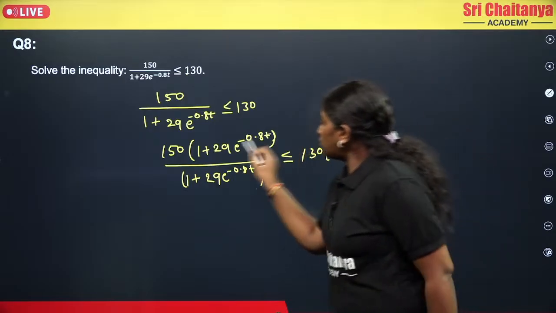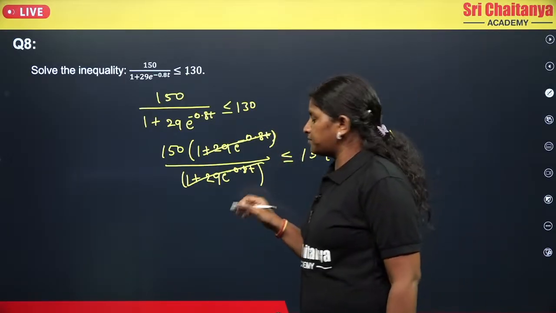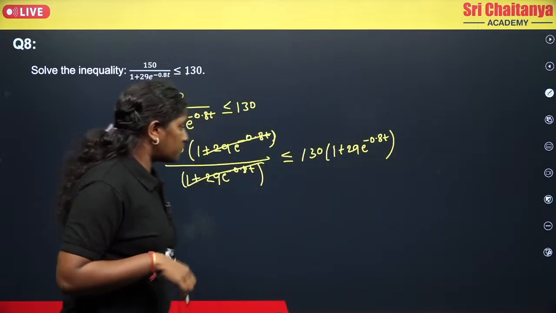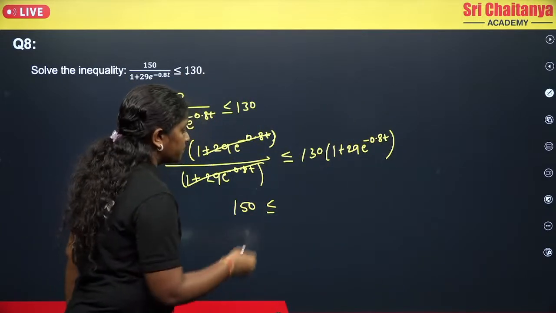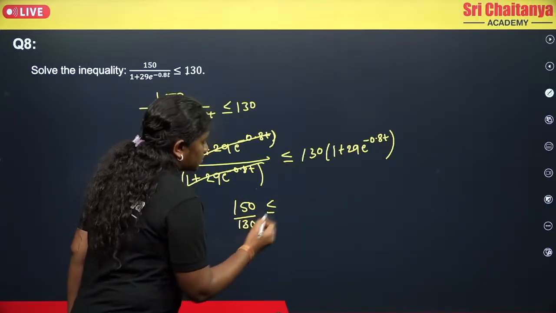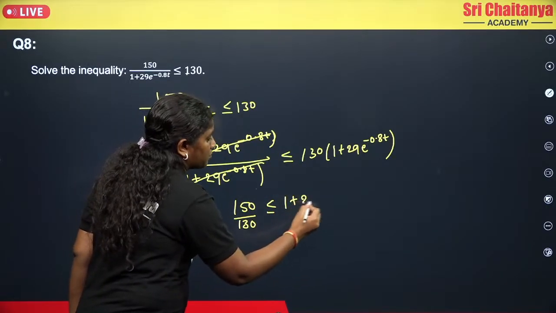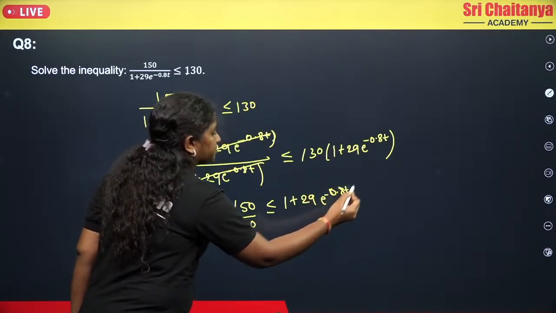Clear? Here both the numerator and denominator will get cancelled. So upon simplification, what you will get? You will get 150 less than or equals to 130 times 1 plus 29 e to the power minus 0.8t.